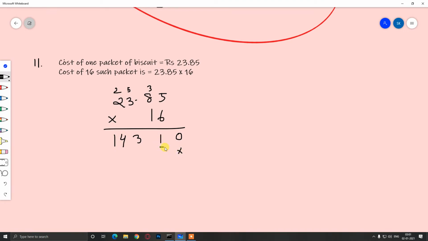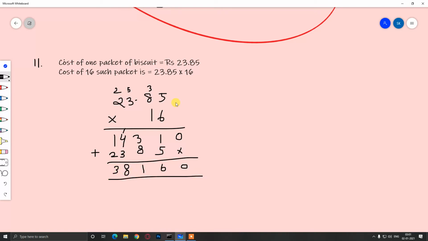Then 1 5s are 5, 1 8s are 8, then 1 3s are 3, then 1 2s are 2. Add these two numbers now. So 0, 6, 8, 9, 10, 11, 1 carry, 4, 5, 5, 3, 8, and 2 plus 1, 3.